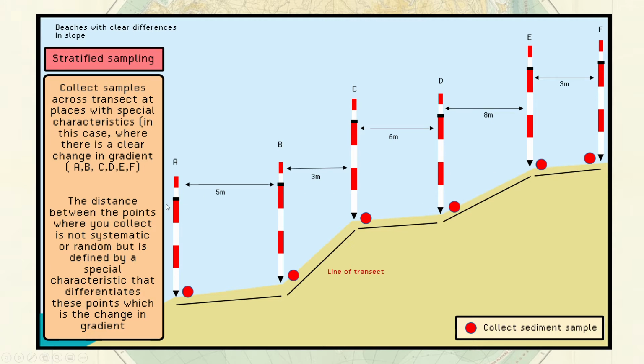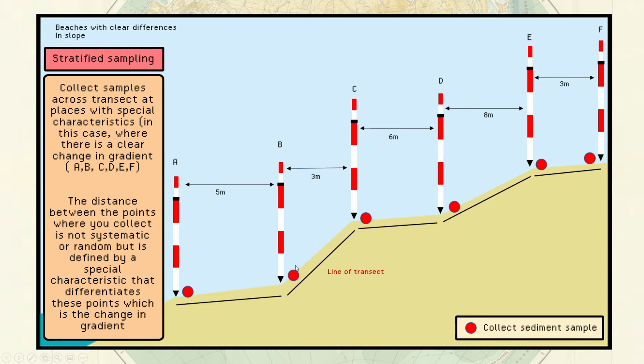You see here the distance between the places where you collect the sample is not regular, but it is also not random. Rather, it is determined by a special characteristic, which is when the slope changes. You see 5 meters, 3 meters, 6 meters, 8 meters. It's not regular, and it's also not random, because when the slope changes, then I collect.